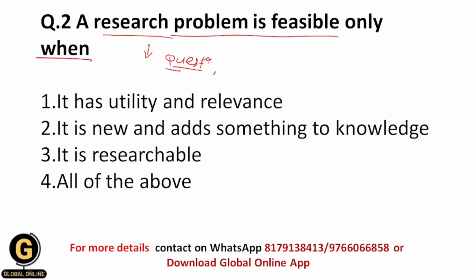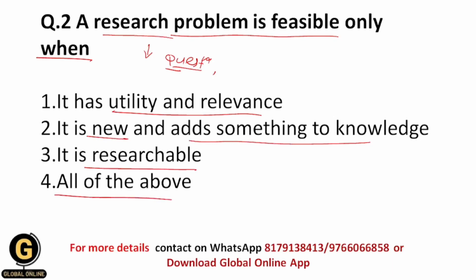The options are: it has utility and relevance, it is new and adds something to knowledge, it is researchable, all of the above. Utility means it should be helpful, and relevance means it should have a relation to a topic. So a research problem should have utility and relevance to be feasible. This is correct.